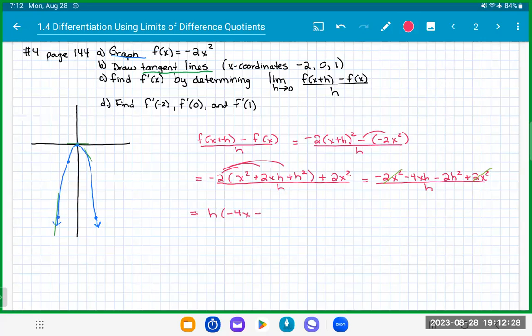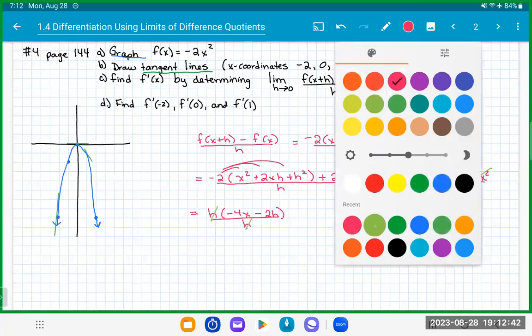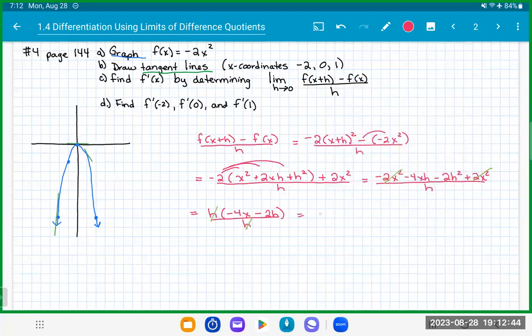And if I factor an h out of the negative 2h squared, it's going to leave me with 2h. All of that divided by h. I have an h in my numerator and an h in my denominator, so I can cancel those out. And it leaves me with negative 4x minus 2h. Okay? Now, remember, we're not done.